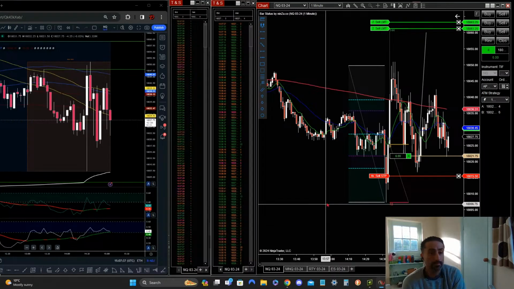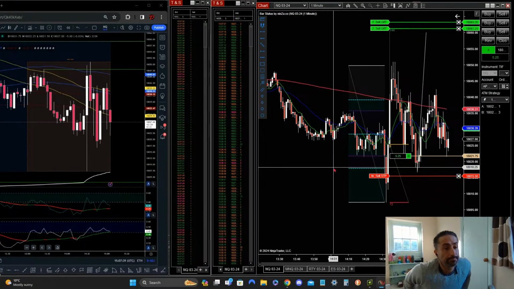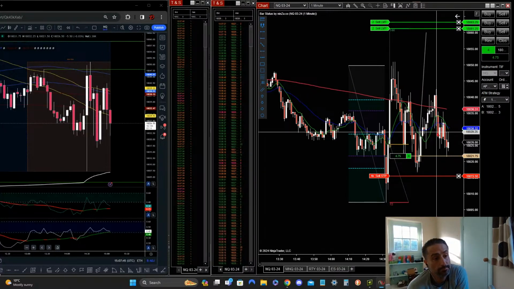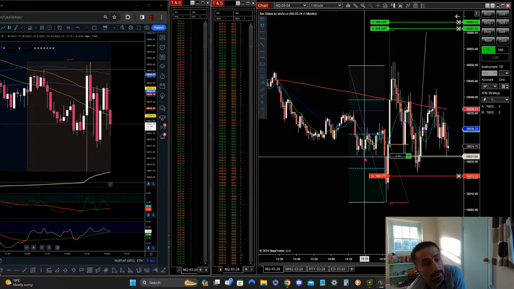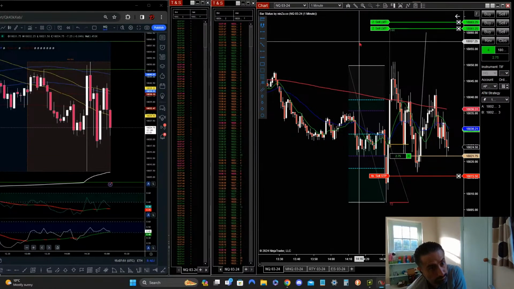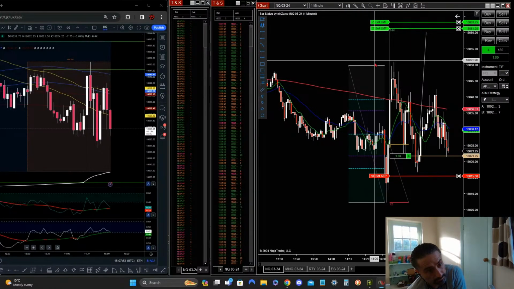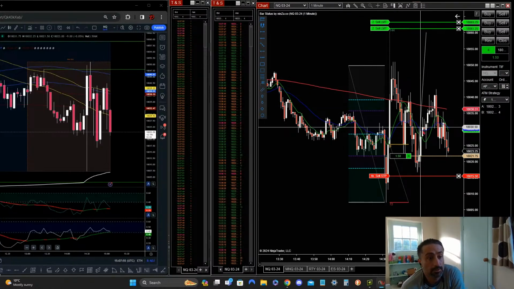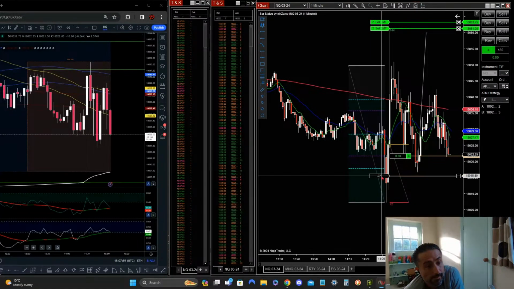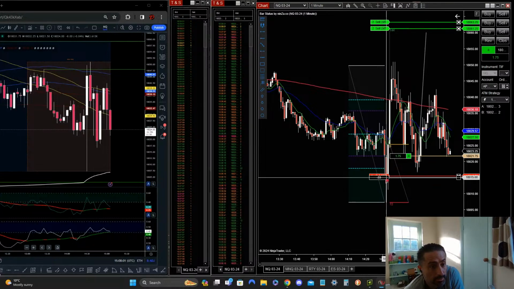Oh man, still in the money. Just bought that level, expected a reaction. It just wants to make this second leg here. Struggling to do so.